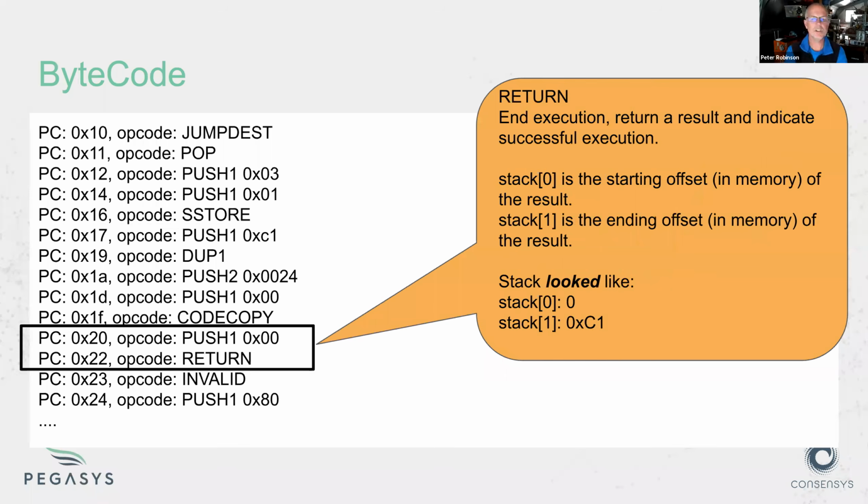And then we return. When we return from an init function, so a contract deployment transaction, stack 0 is the start offset in memory where the result is, and stack 1 is the end of the result. That's the same for any return function, but the result that's returned with the return function for a contract deployment is the code that should be copied into the blockchain.